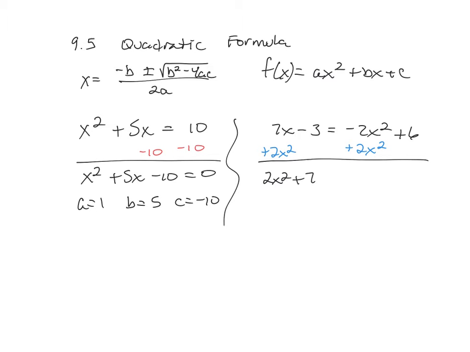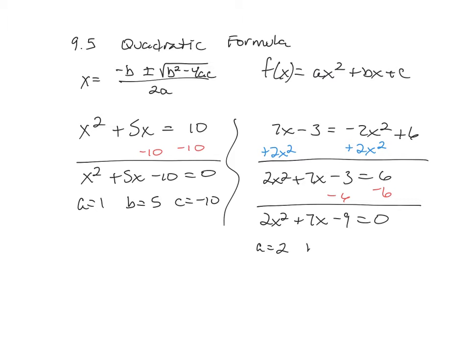It's not like a requirement. And so sometimes you might have one or two that you might need to combine. So the a would be 2, the b is 7, and the c is negative 9.